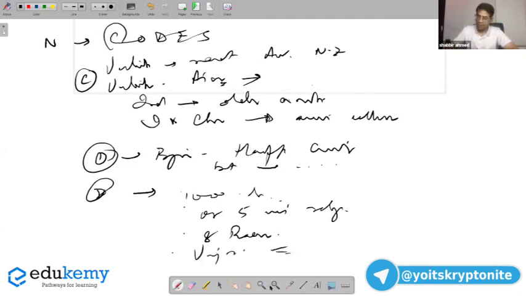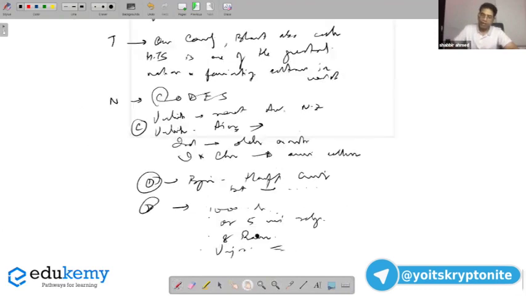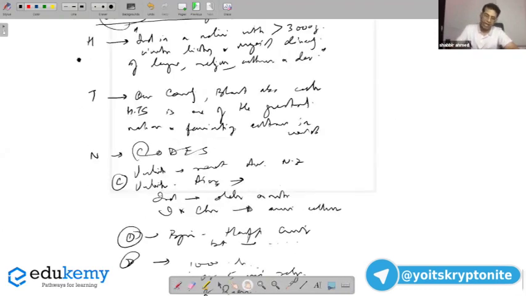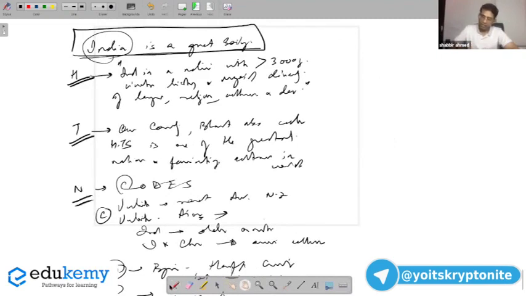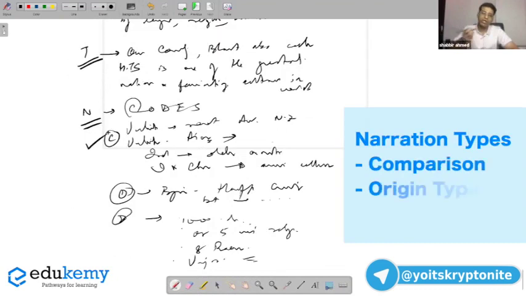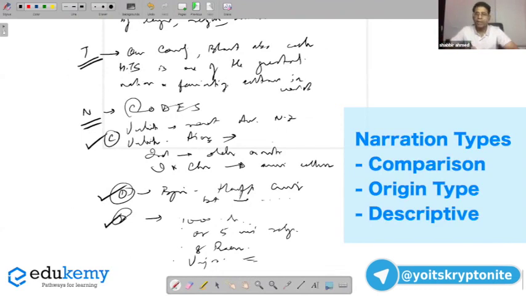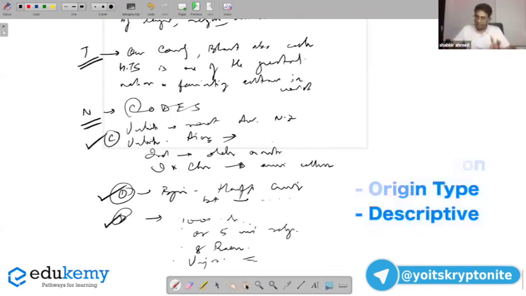Give some examples. So my topic I'm taking up is India is a great society. I began with a hook. I have a thesis. I have a narration. Narration में मैंने comparison narration use कर लिया if I want to do. I have done origin type of narration. I have gone for description type of narration.